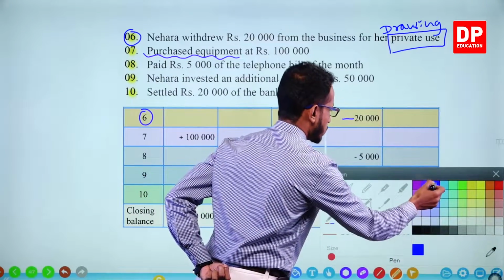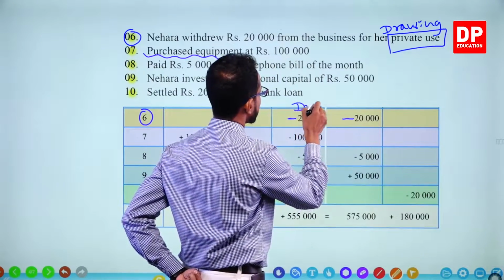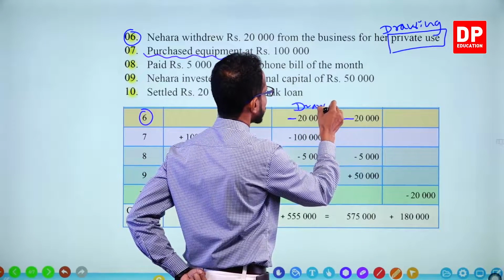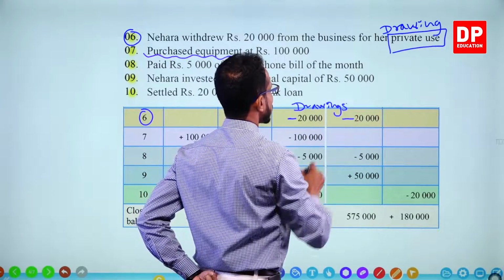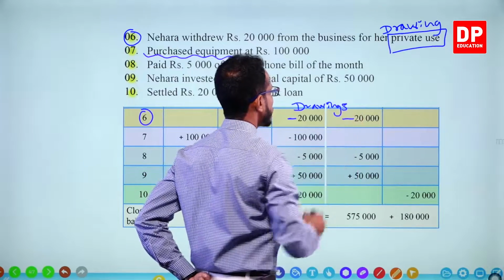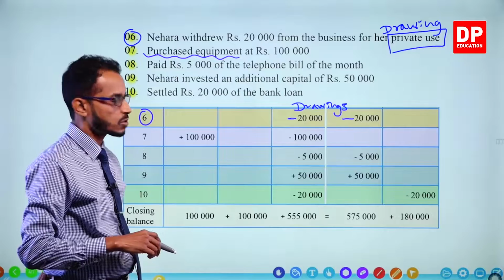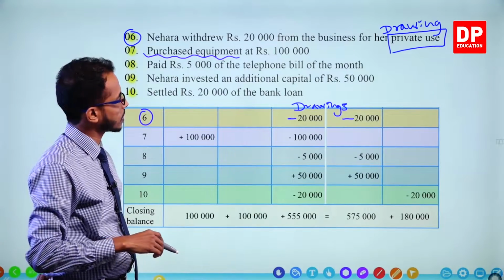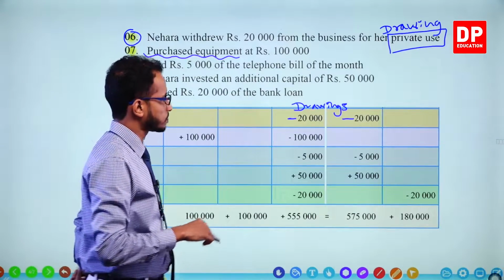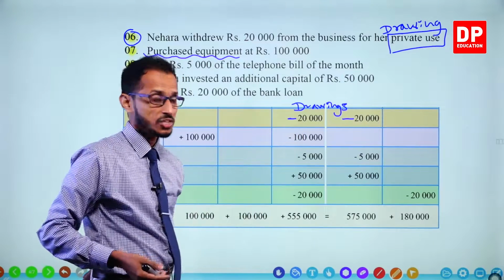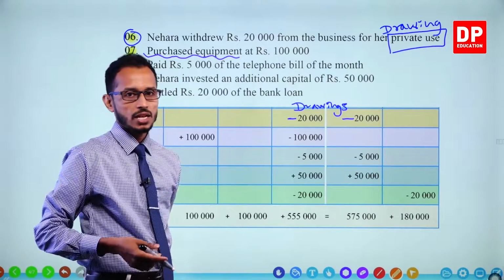So remember, children, drawings decrease capital. Drawings decrease capital, as well as cash.